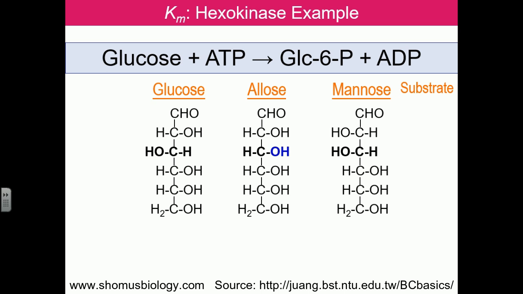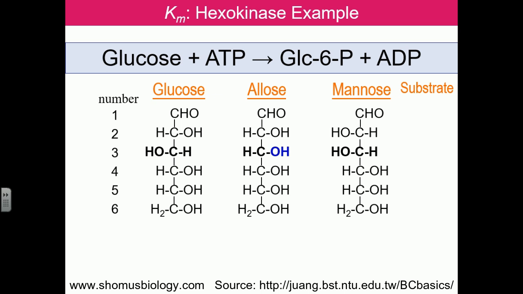Actually, it can catalyze several 6-carbon sugars like glucose, allose, mannose, etc. But the Km varies considerably. Hexokinase is the same enzyme, but depending upon the substrate, you see the Km varies.